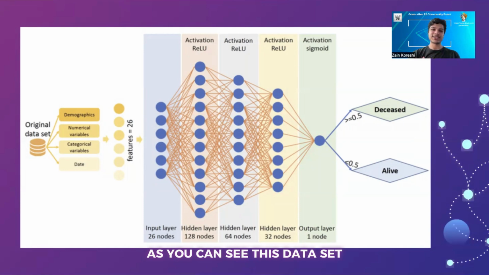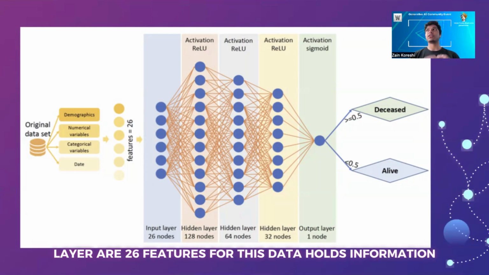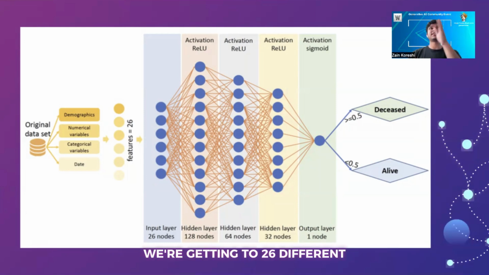Moving back, this is an image of the neural network. As you can see, there's a data set, and this data set has lots of different information. It has demographics, numerical variables, categorical variables, the date, and in total there are 26 features. The sample size could be however much, and even the feature size could be however much, it does not matter.